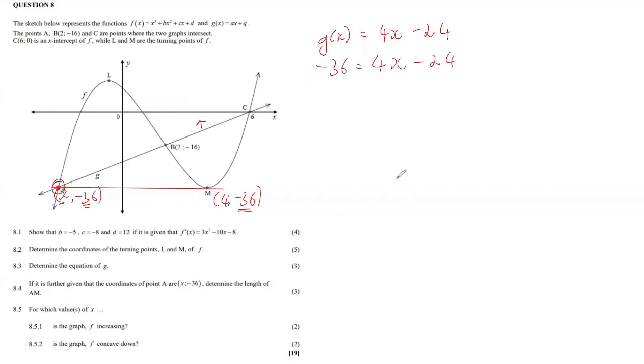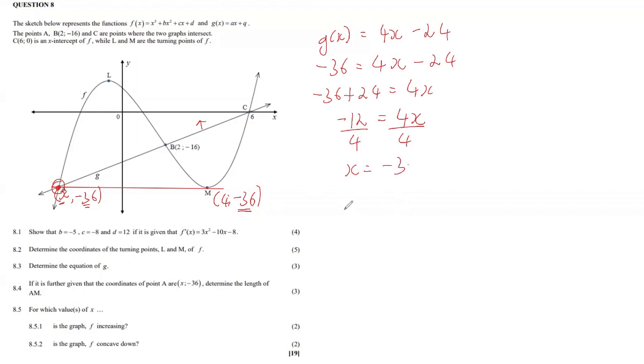So we will find the x value for when y is negative 36. We can just say negative 36 plus 24 is equal to 4x, right? And when you do your maths there, that's going to give you negative 12 is equal to 4x. Then dividing by 4 on both sides, your x is equal to negative 3.